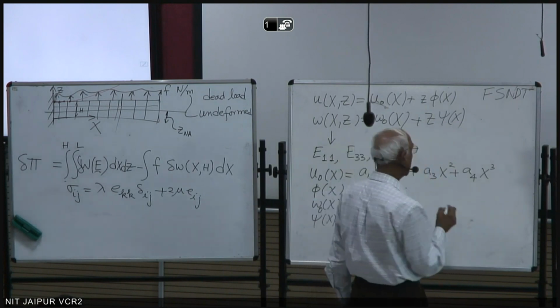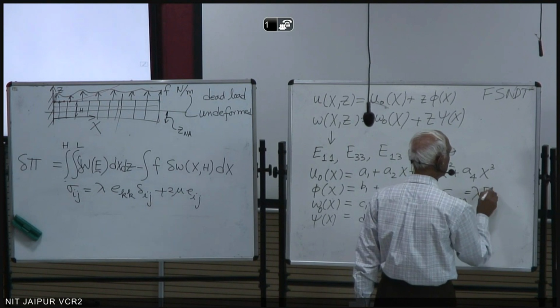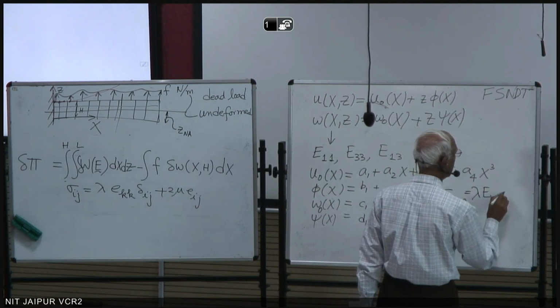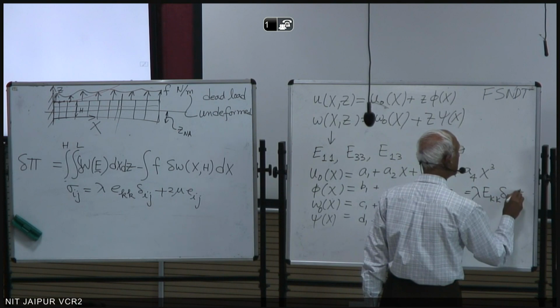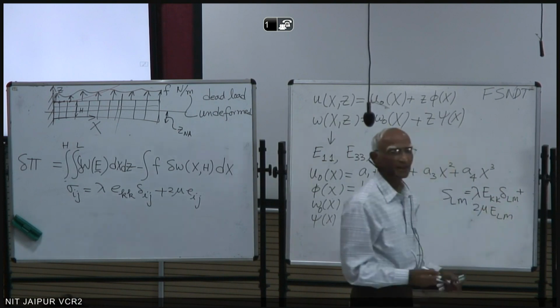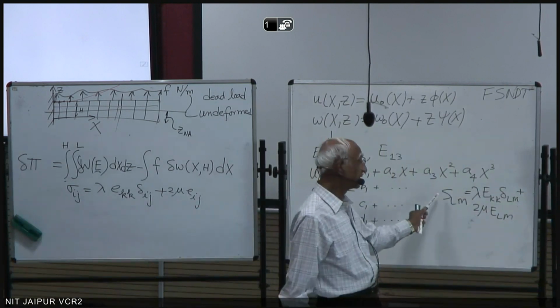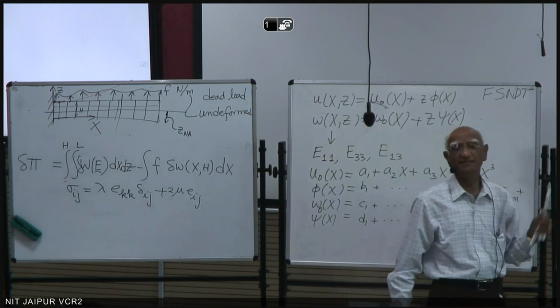Before the coffee break, I wrote S LM equals lambda EKK delta LM plus twice mu ELM. I wrote Saint Venant-Kirchhoff material. The stored energy function for this material is this.